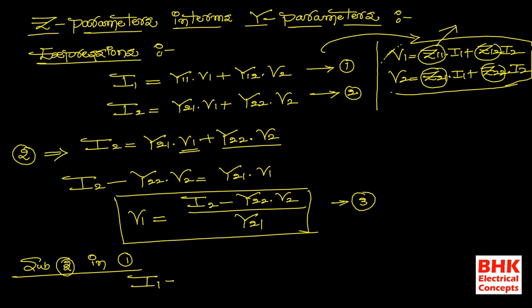Now what is equation number 1? Equation number 1 is I1 is equal to Y11 V1 plus Y12 V2. Instead of this V1 you can directly substitute this equation.